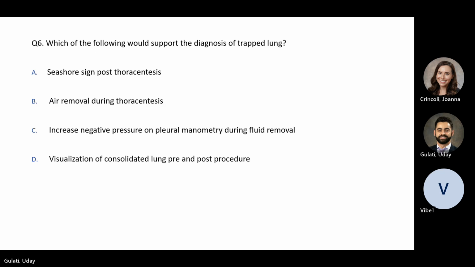Which of the following would support the diagnosis of a trapped lung? So it's a bit hard. It's just applying everything that we've learned to try and answer this complex question.